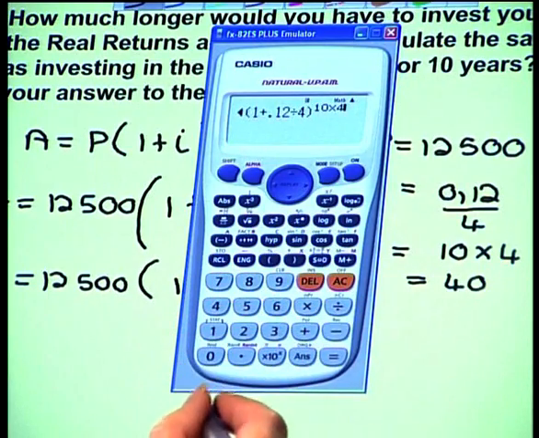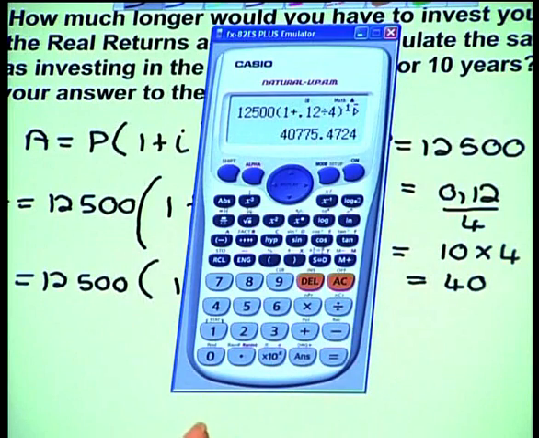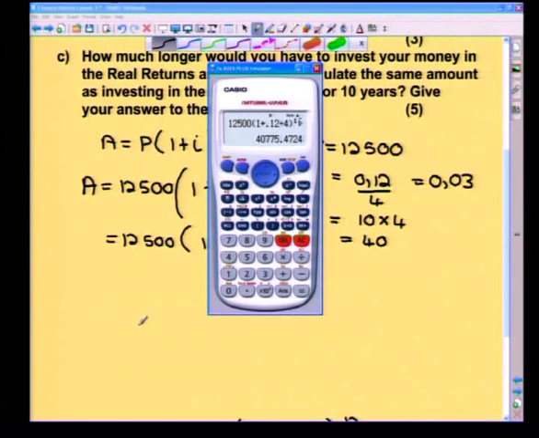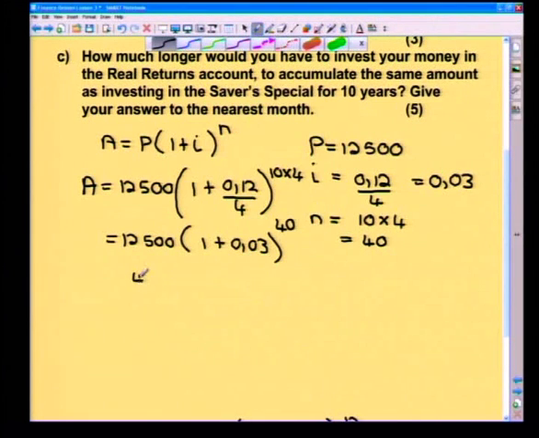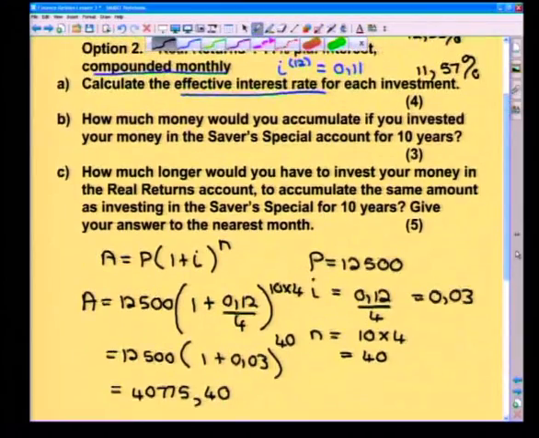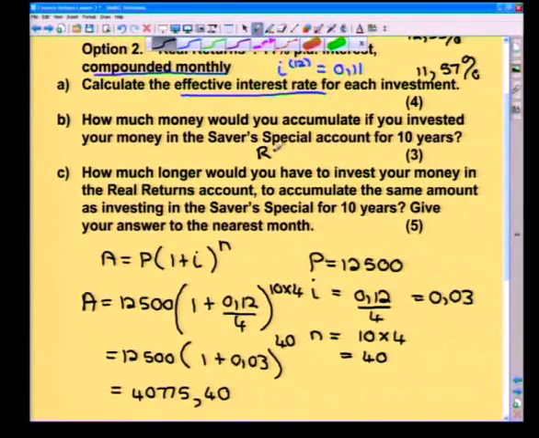All right, press equals, and there we have our amount: 40,775 Rand, 40 cents. So that's how much money I accumulate if I use the Super Saver option. Right, now the next question gets a bit interesting.